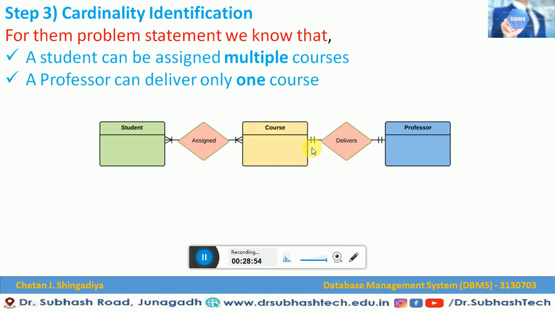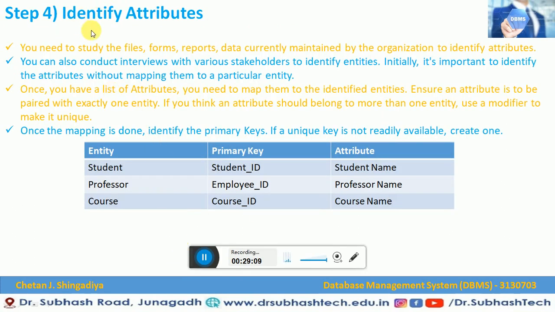Here you can see the symbols we have put are different on each side. We have to keep this in mind while identifying the cardinality or providing the relationship. Then the fourth step is to identify the attributes.